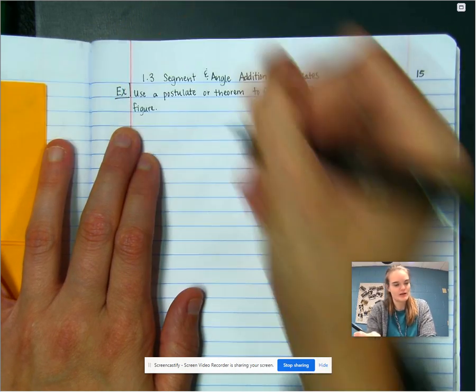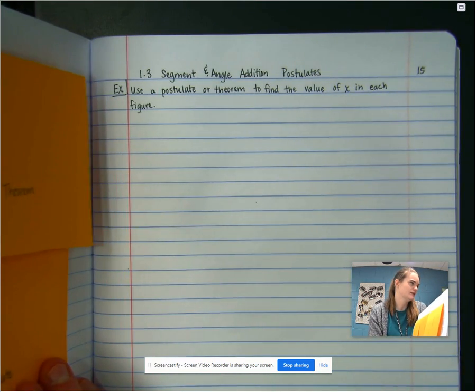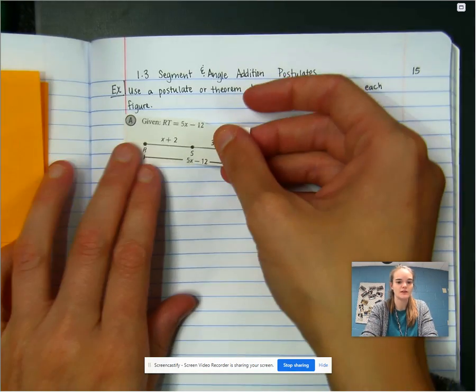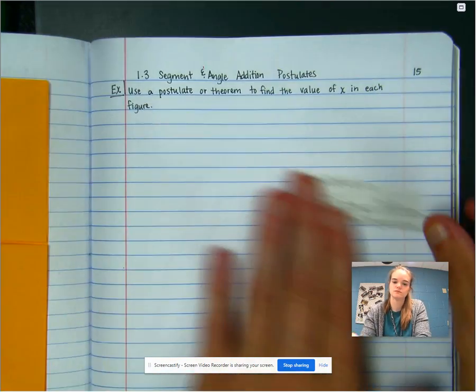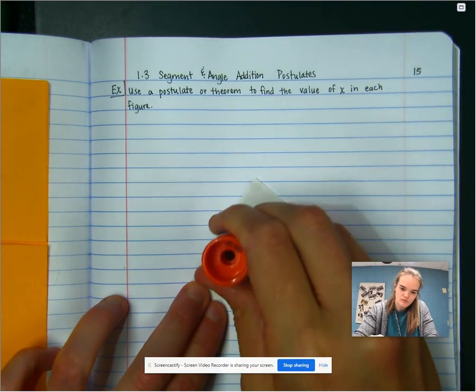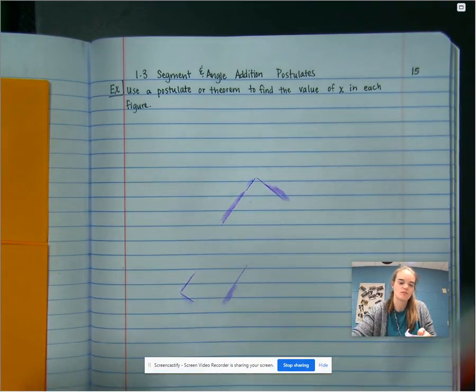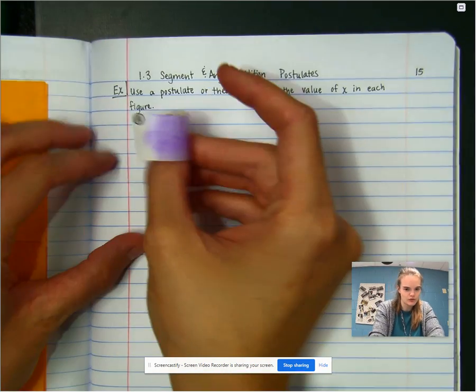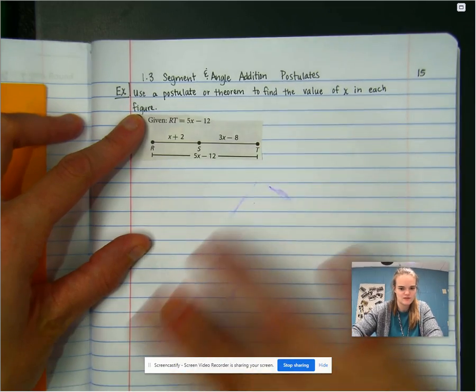And we're also going to write down which postulate or theorem we used. So glue in letter A right underneath that. Be careful, don't use too much glue. Don't get it all over your notebook like I just did.